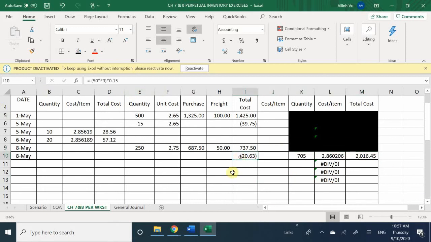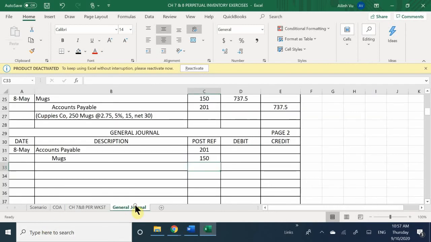Now that I've already done my calculations here, I know that I attempted to return, but they gave me a 15% discount of the total of $20.63. So I can go back to my journal, and I know it's for $20.63.